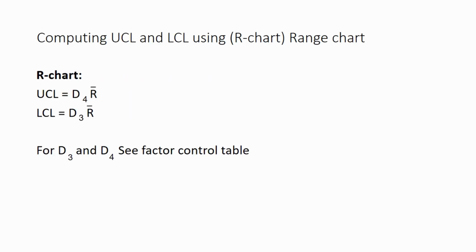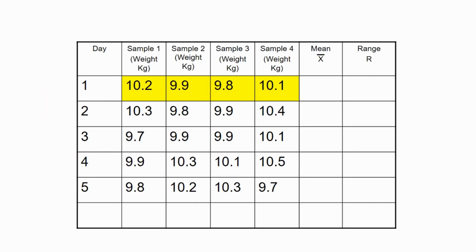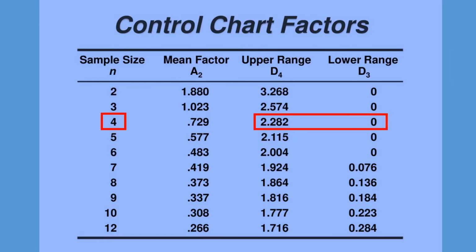We substitute the R bar into the formula for calculating our chart's upper and lower control limits. And to find D sub 4 and D sub 3, again, we have to use the factor control table. Since there are 4 samples, we look at the corresponding factors under the D sub 4 and D sub 3 columns, which will give us 2.282 and 0 respectively.